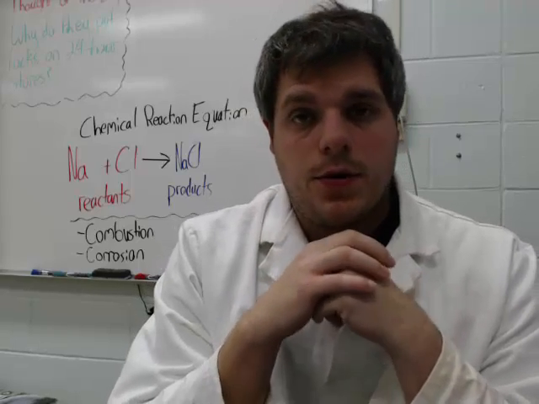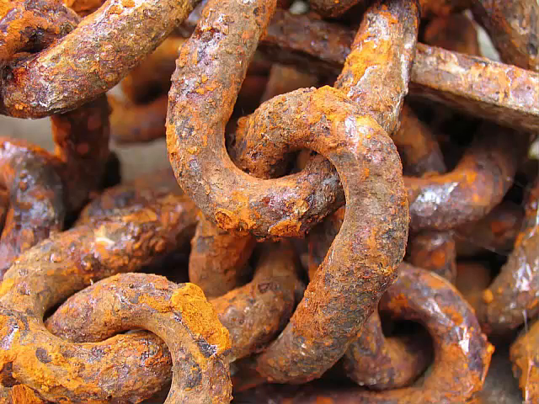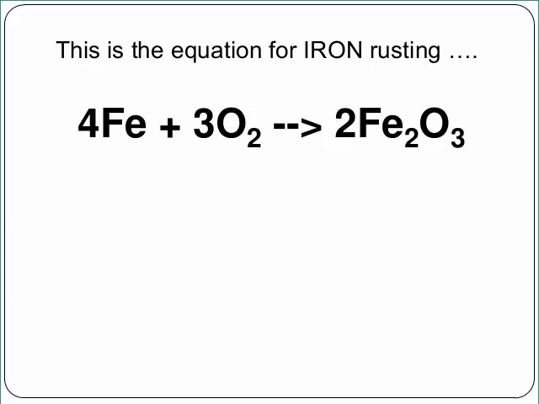Another type of chemical reaction that you're familiar with is corrosion. Now, it might not be one that you really think about on a daily basis, but rust is corrosion. It's a chemical reaction between iron and oxygen. Again, there's the theme of chemical reactions with oxygen in this video.